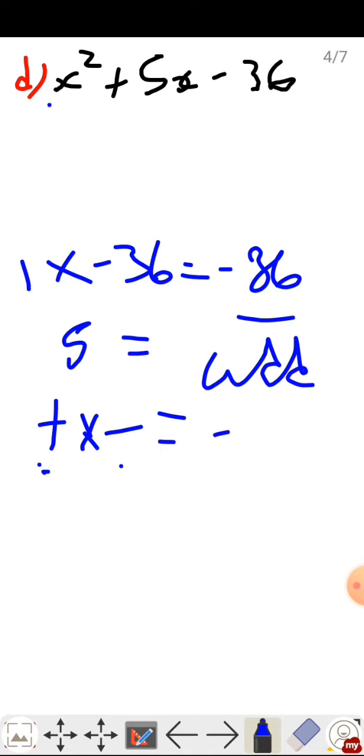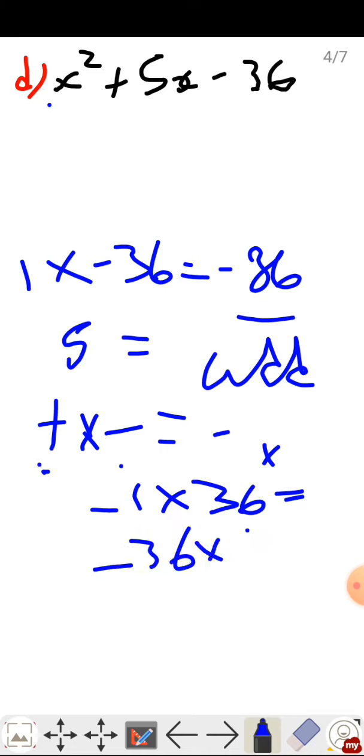So we'll start looking at one positive and the other negative. Minus 1 times 36. When you multiply we get minus 36, yes. When we add we get 35, so we don't take it. Then we look at minus 36 times 1.